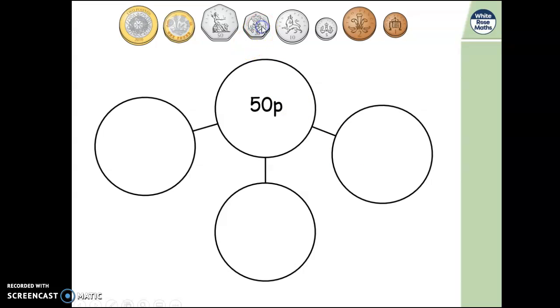So let's think about 20p. How many 20p's could we use? What else could we use to solve this? So let's say we use 20p. So we're at 20p. Now, what about if we added another 20p? 20 and 20.